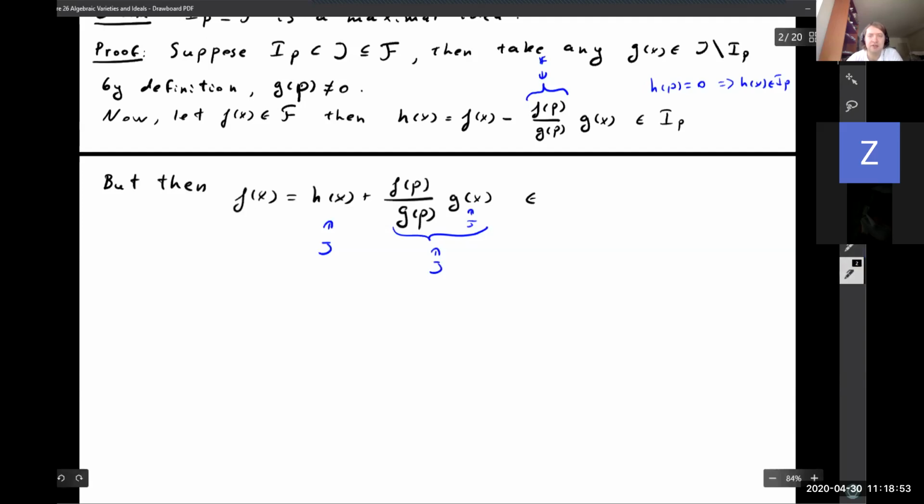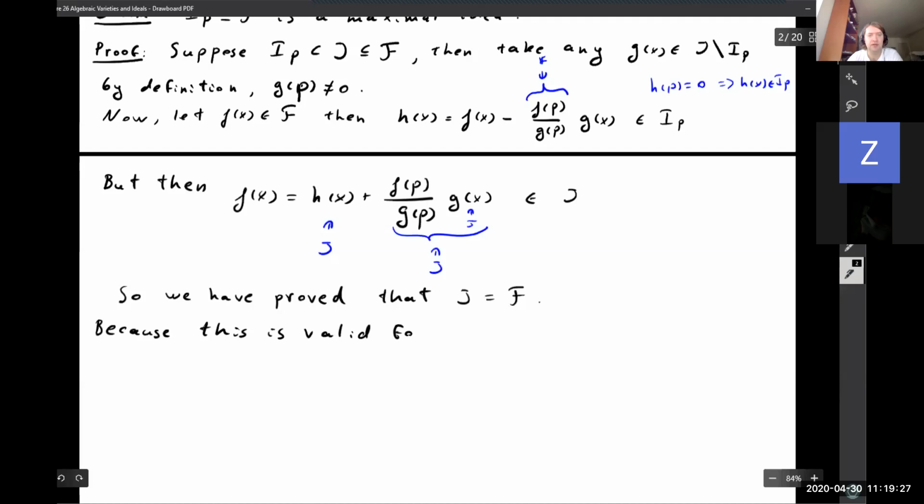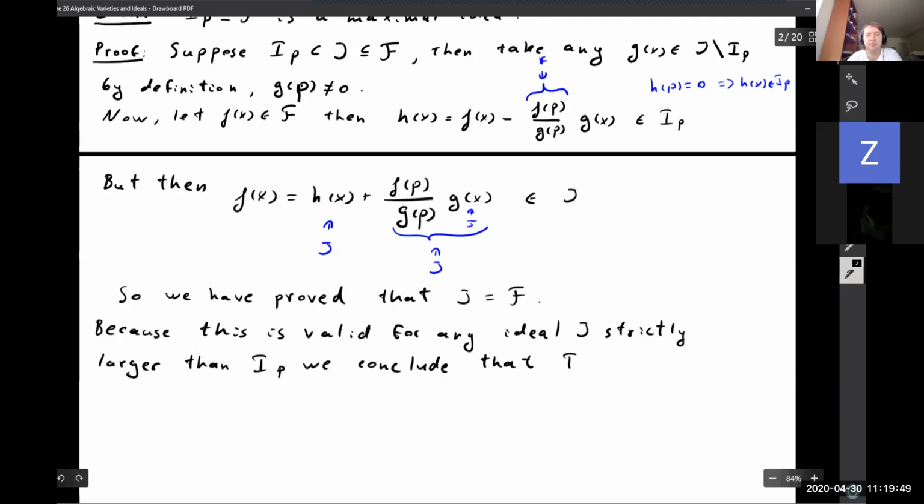So this entire thing must belong to the ideal J. What we just proved is that every function in F belongs to the ideal J. So we have proved that J must be equal to F. Because this is valid for any ideal J strictly larger than I_P, we conclude that I_P is maximal.